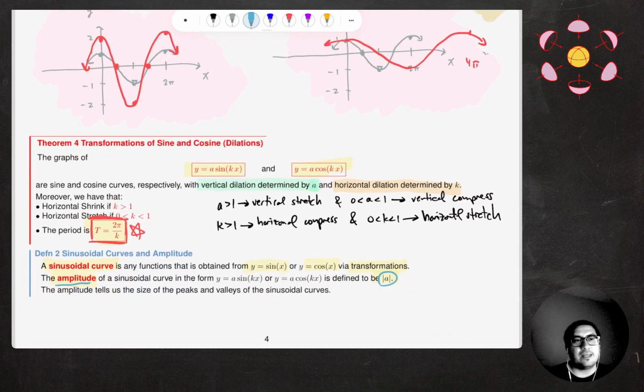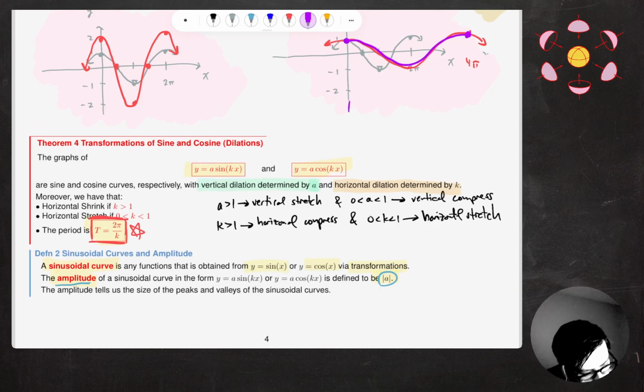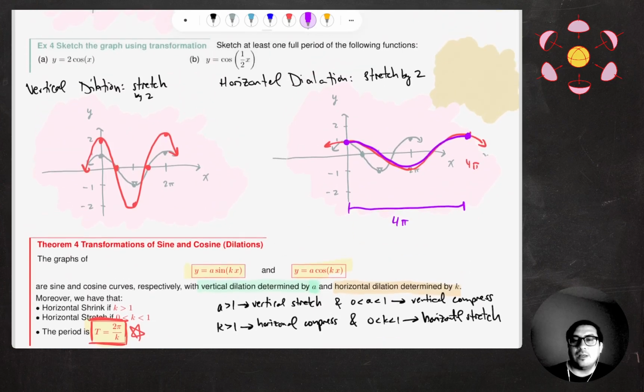Let's see. Am I missing anything from these key terms here? Yes, there's the box with the star. Let's go back to this example here because this one's really interesting. It takes us 4 pi before we repeat the pattern for this example up here. So the full pattern, we call that the period.